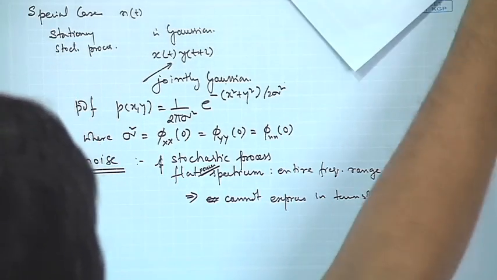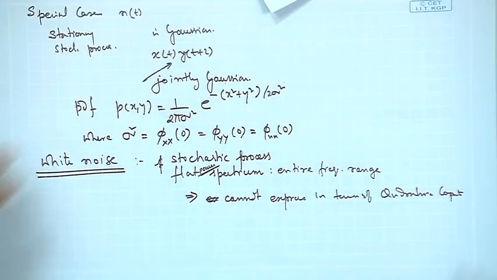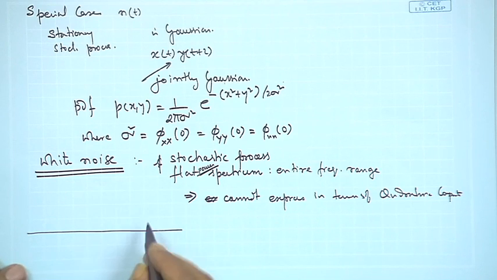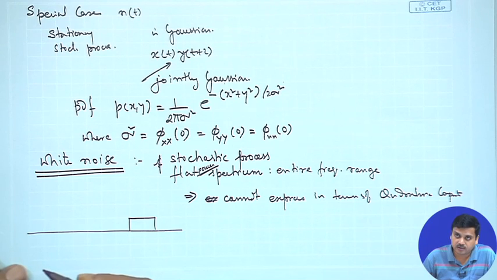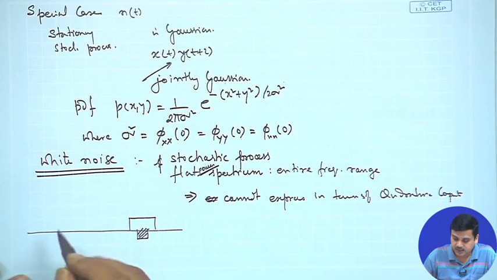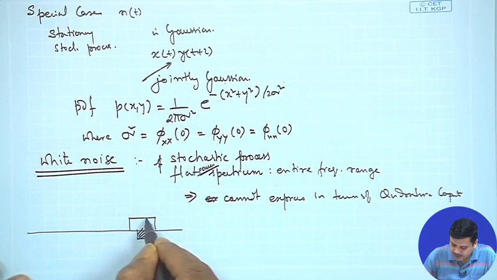However, in a typical communication system, your signal generally passes through a narrow band of frequencies, and our signal is covering a band which is much smaller than the noise band.